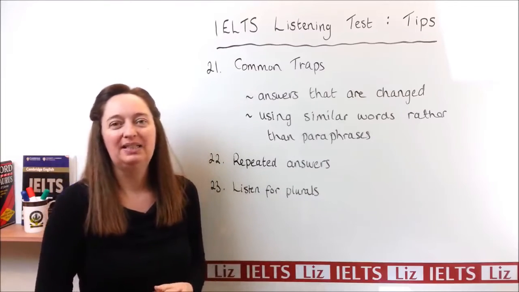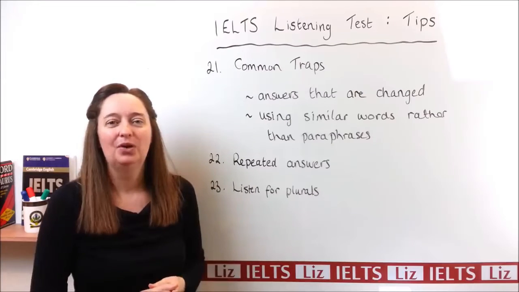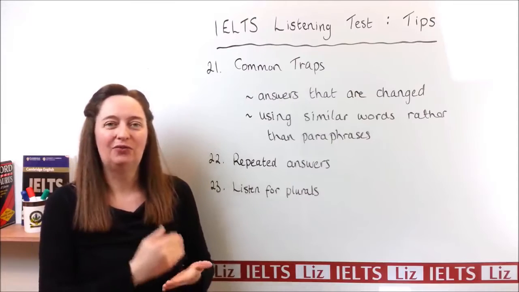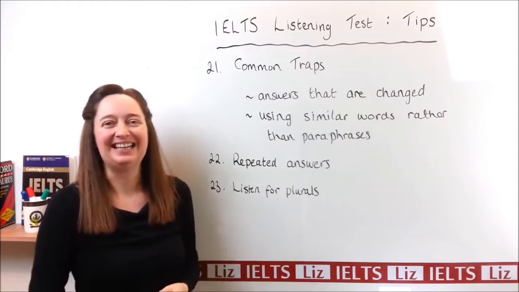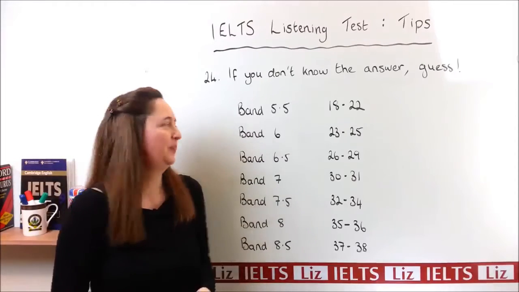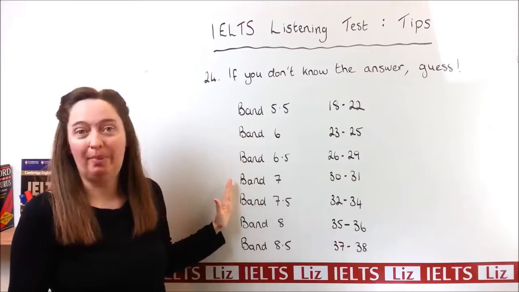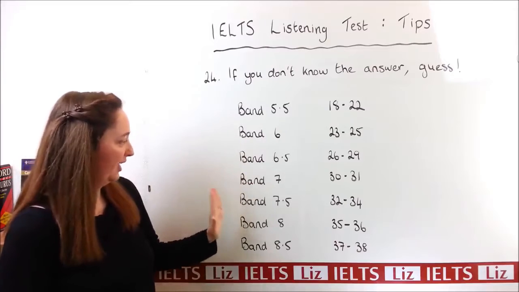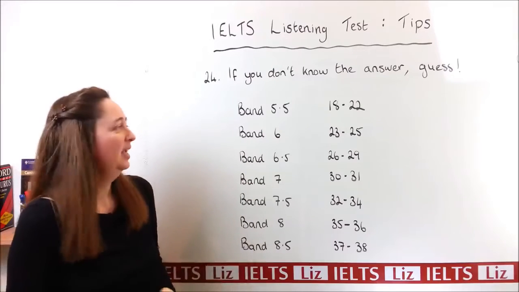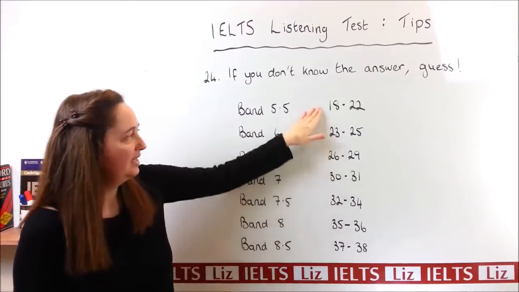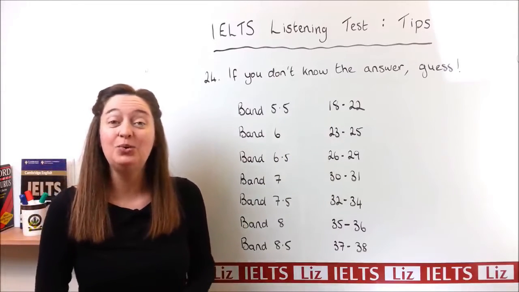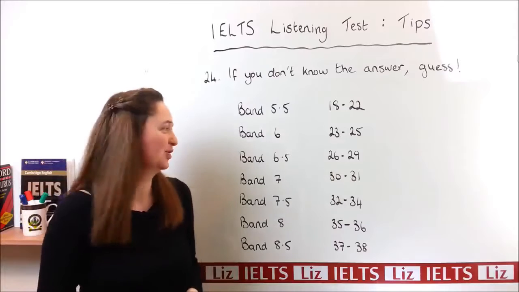Now it's time for me to give you a breakdown of the scoring, and I will give you the scores for band score 5, 6, 7 and 8. The scoring. Now you can see here we've got the band scores. You've got 5, 5.5, 6, 6.5, 7, 7.5. And you can see here, these are the number of correct answers that you need to get the band score.